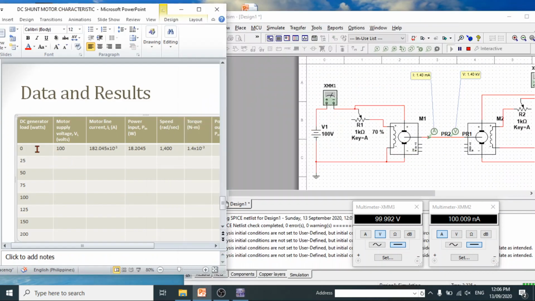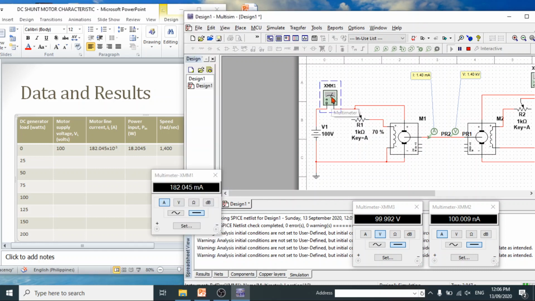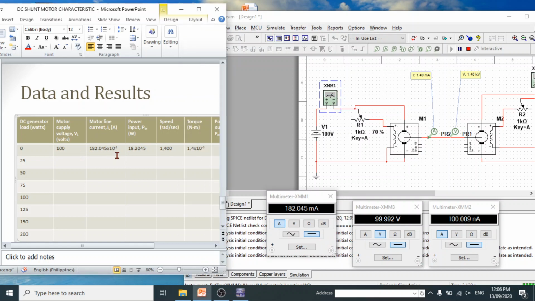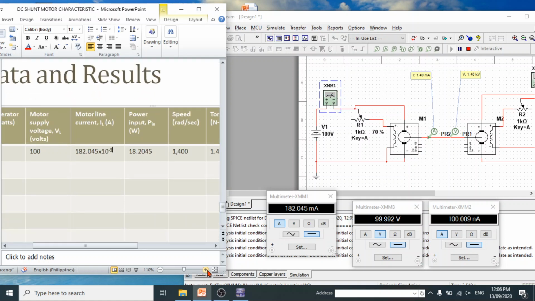Okay, so for zero load, 0 watts load, the motor supply voltage is 100. So the current, for meter number 1, is 182.045 milli, that's times 10 to the power of negative 3.